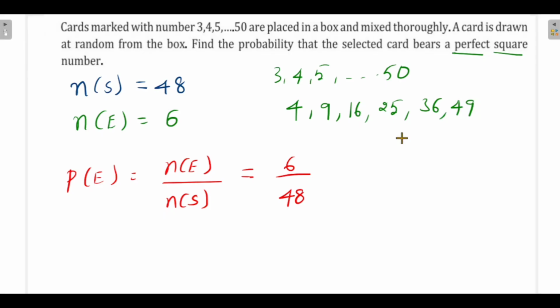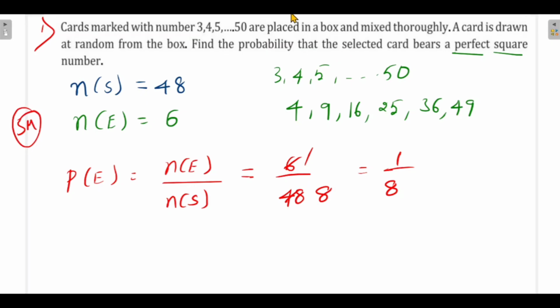Okay, 6 ones are 6, 6 eights are 48, it will become 1 by 8. 1 by 8 is the probability of getting a perfect square number between 3 to 50. This completes the first problem. If you do all these steps, you will get exactly 3 marks. Okay, this is a 3 marks question.